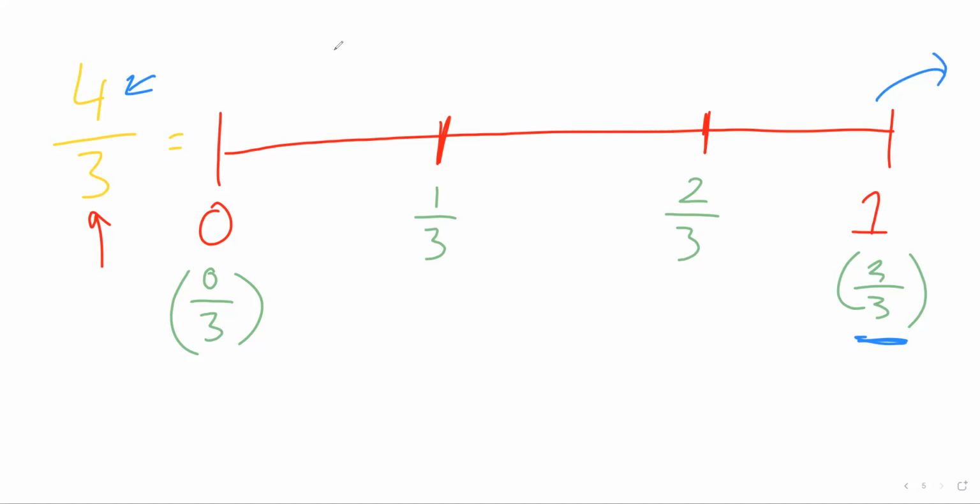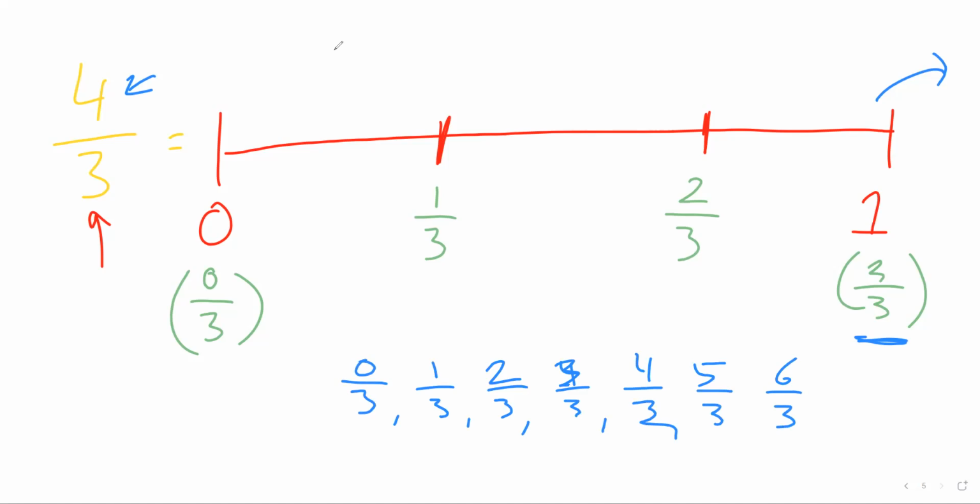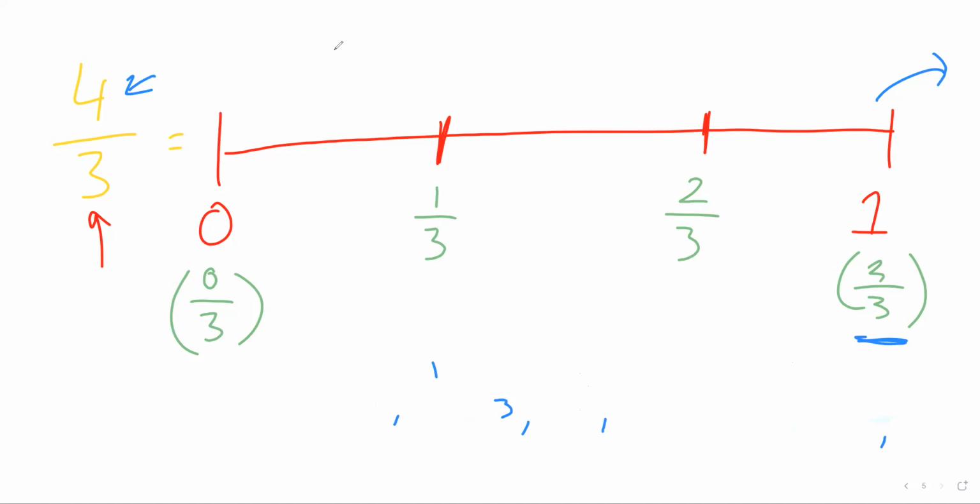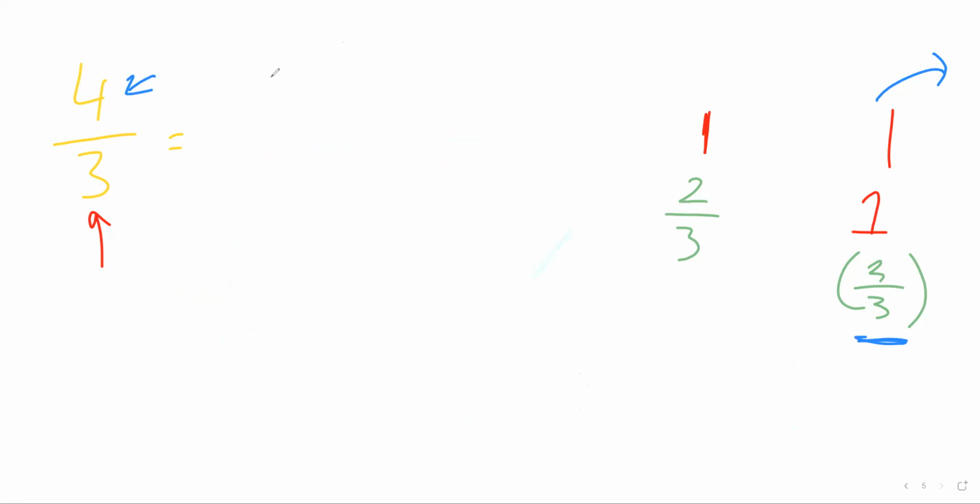Because we can count fractions that way all we want. 0 out of 3, 1 out of 3, 2 out of 3, 3 out of 3, 4 out of 3, 5 out of 3, 6 out of 3, right? Each time I'm just adding one more third. I'd go on forever. 7 out of 3, 8 out of 3. This would go on forever. And if we look at this, we actually don't have room for 4 out of 3 on this number line. So my number line didn't work. Well, that's okay. Happens all the time in math.